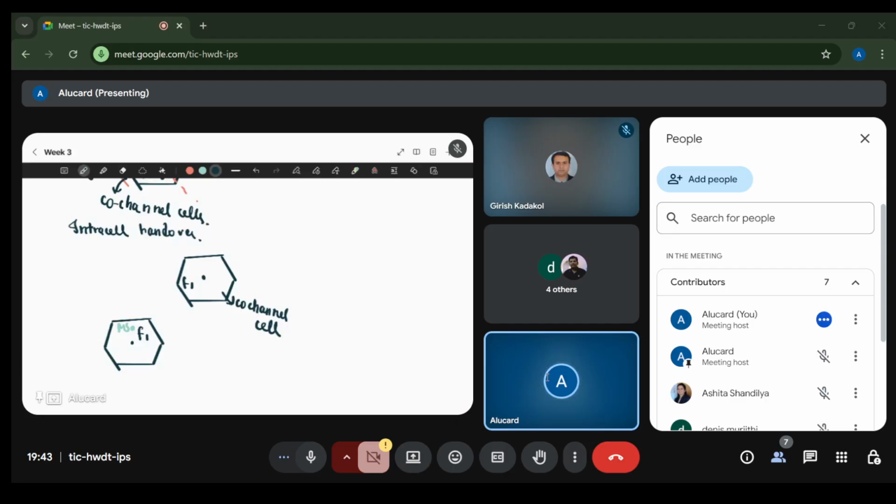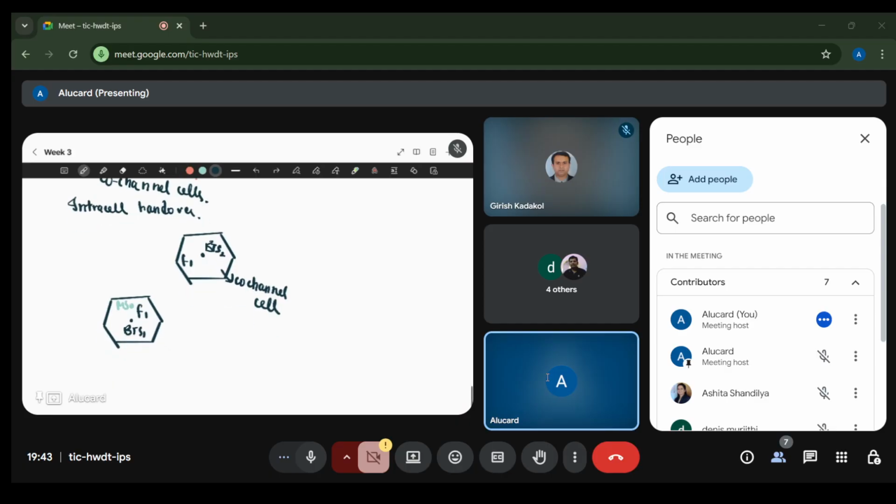But what you can do is, if there are other frequencies available that are not being used by this second base station, so suppose there's a frequency f2 that's also within the channel that's not being used by any user in base station 2, then you can hand over communication from frequency f1 to frequency f2.